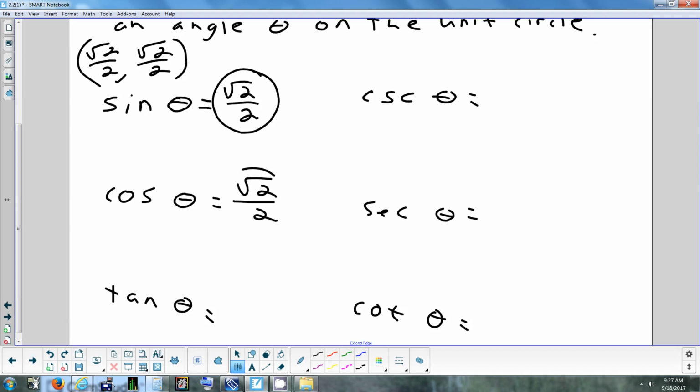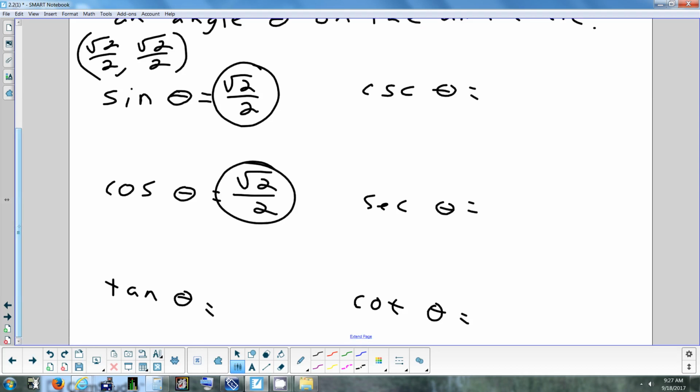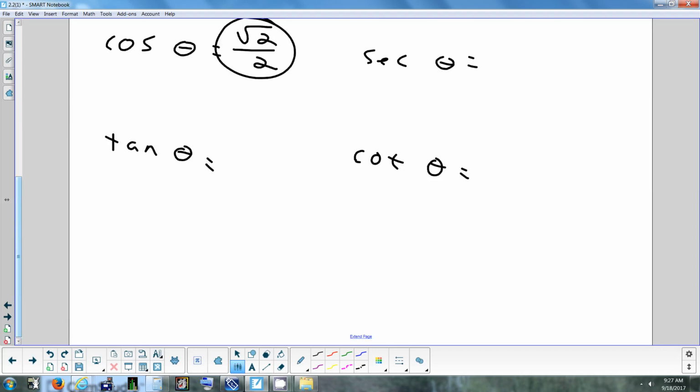And Eric, how about tangent? Square root of 2 over 2, and then divide by square root of 2 over 2. Okay, so we've got square root of 2 over 2. That's my y. That's my x. And what do you get when you divide that out? 1.